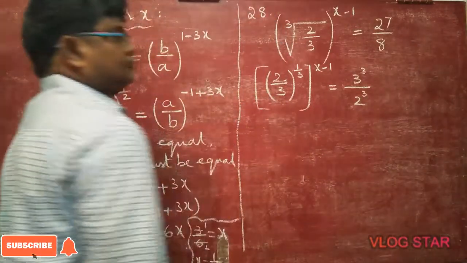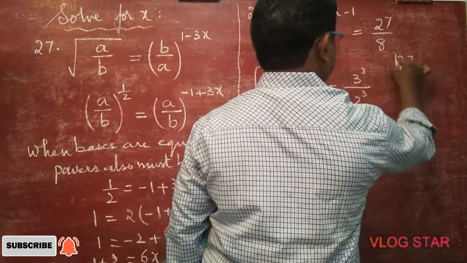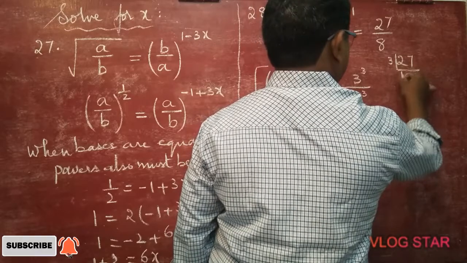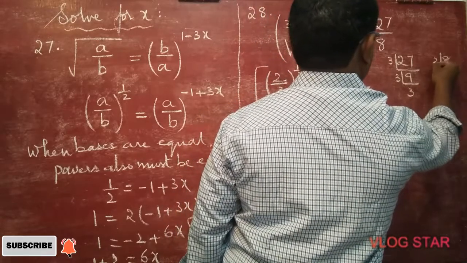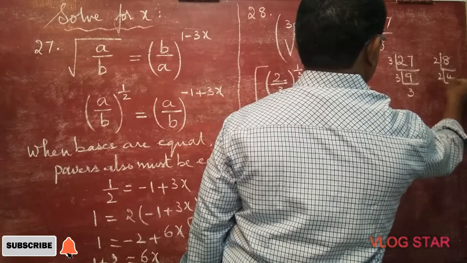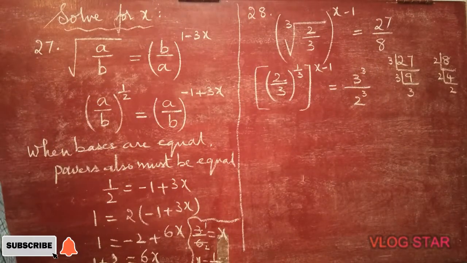Already we have done this. Otherwise find the factors for 27: 3 table goes 9 times, again 3 table goes 3 times. In the same manner for 8 also, 2 goes 4 times, again 2 goes 2 times. Do that working on the side.